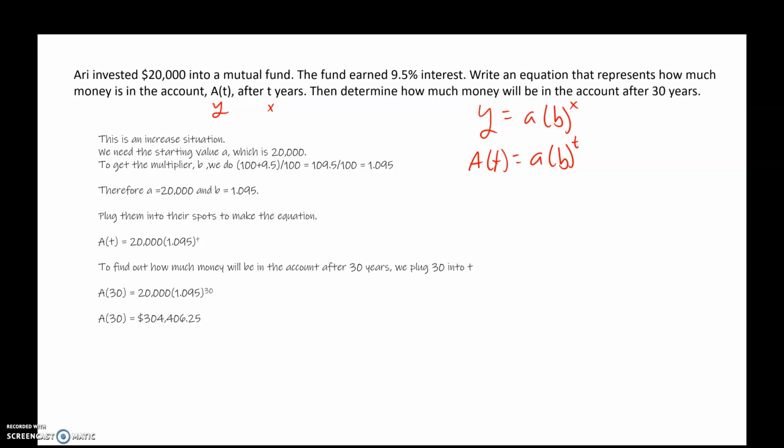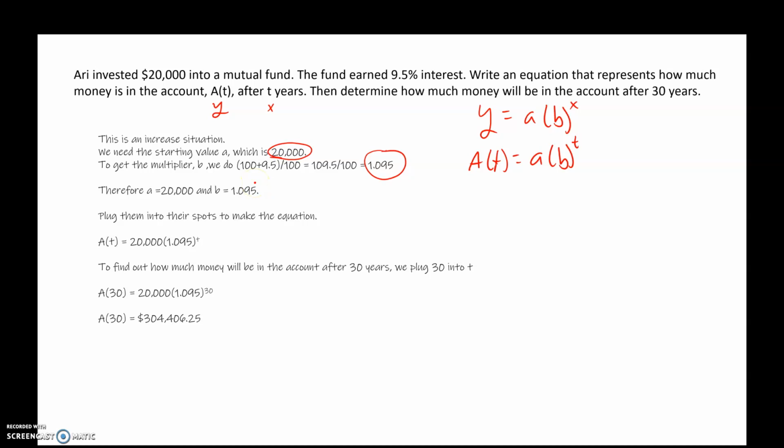All right, so look, basically you can read this, but we know this is an increase because it's earning money. And so what we're going to do is take the 9.5% and add it to 100, divided by 100, which gives us 109.5 divided by 100, which turns into 1.095. So this is the multiplier right there. We also know that we started with $20,000.